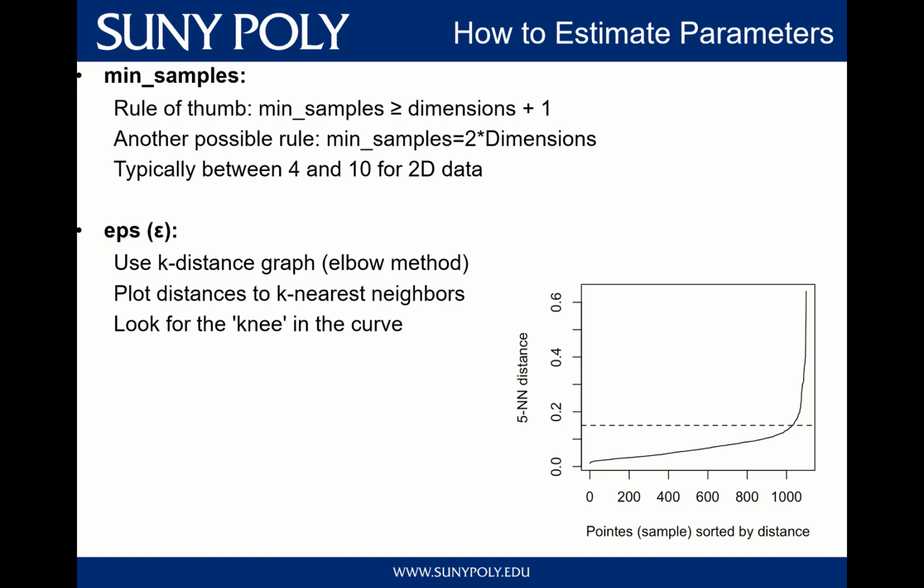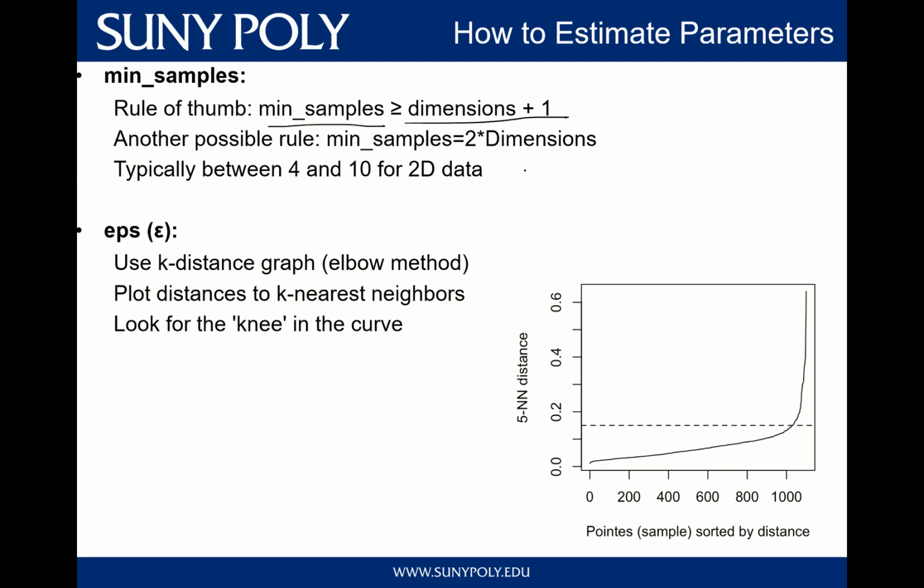So how can we estimate the minimum number of samples, or minimum points? There are different rules, but these are not strict rules. These are guidelines to give you a way to compute this. One idea is that the minimum number of points is just the number of dimensions plus 1. It's a simple one. So if you have 3 dimensions, you can use 4 points to find within the EPS region.